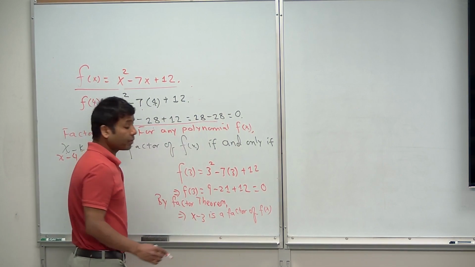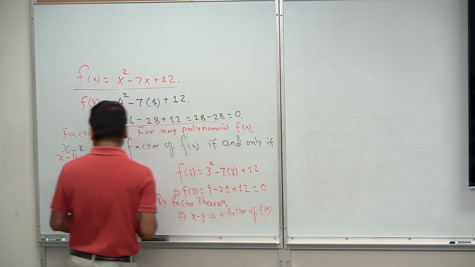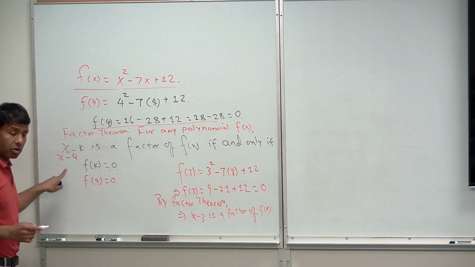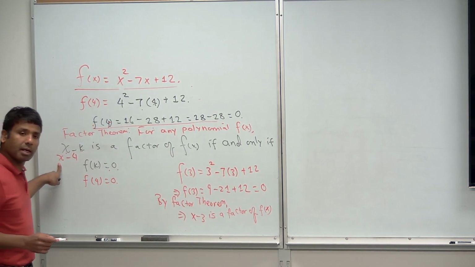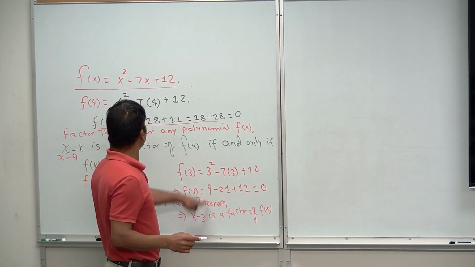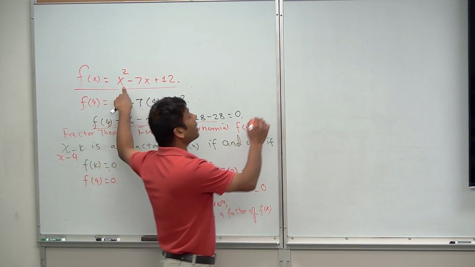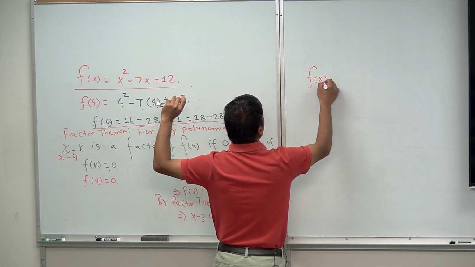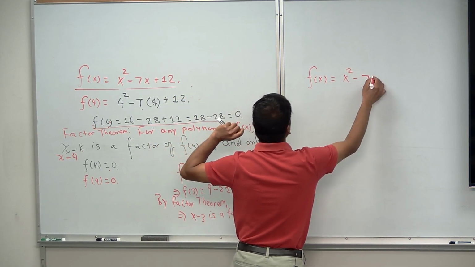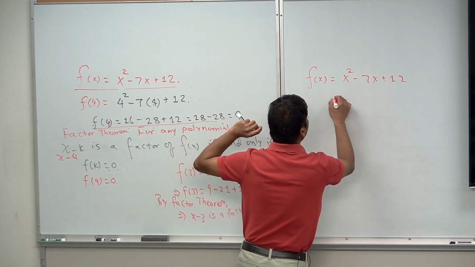Is that right? So what did we observe here? We observed x minus 4 and x minus 3 are factors of f(x). You can check that. If you have f(x) equal to x squared minus 7x plus 12, let's factor this.